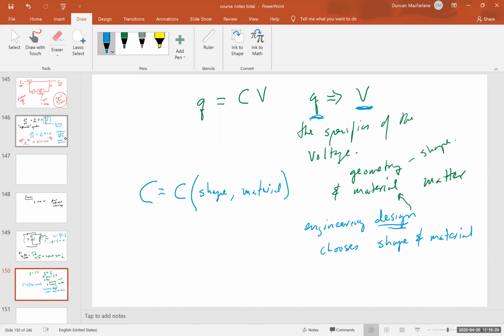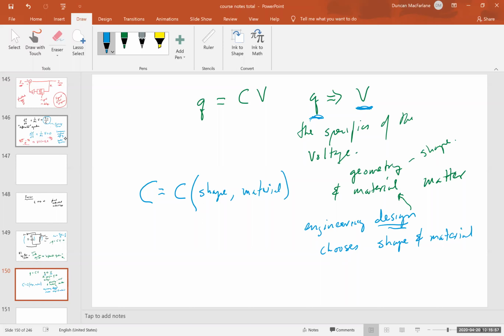Okay? Has anyone studied capacitance in a physics class, either in high school or in college? I have. Do you remember a formula? Is this Emma or Laura? Yeah. Do you remember a formula for a capacitor? Anyone?